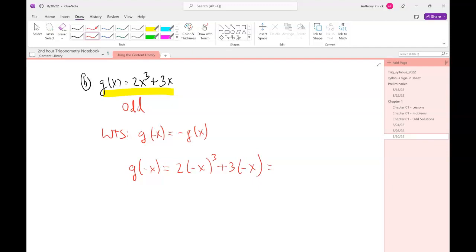Is everybody happy with what I did? Okay. Negative x to the third means negative x times negative x times negative x. Three negatives multiplied together is? Negative. Okay. And then x times x times x is? x to the third. And x to the third times 2 is? 2x to the third.